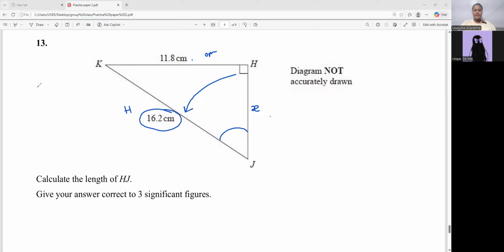Now we don't mark any angle, so we only want the hypotenuse. Pythagoras theorem: KJ is the hypotenuse, so KJ squared equals KH squared plus HJ squared. Then substitute the numbers.